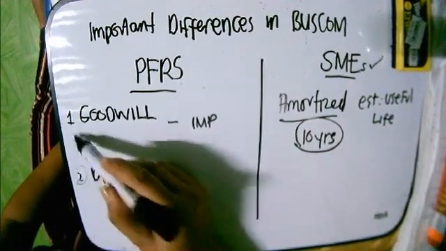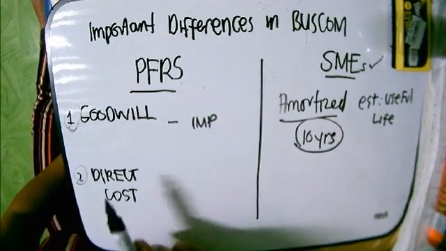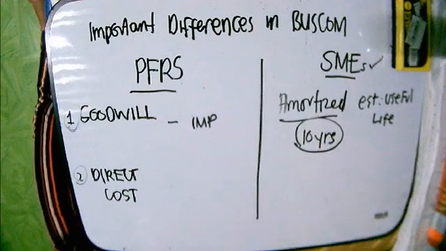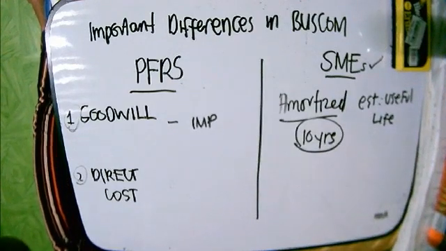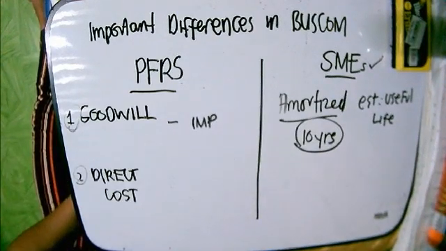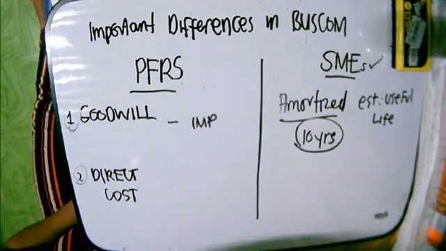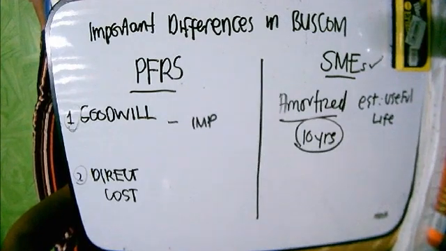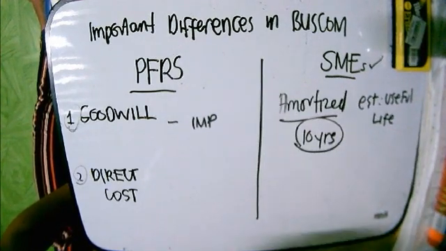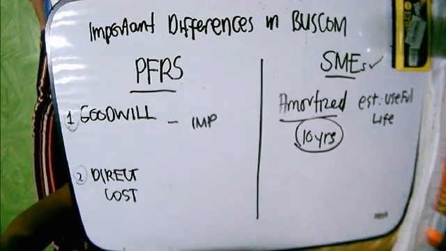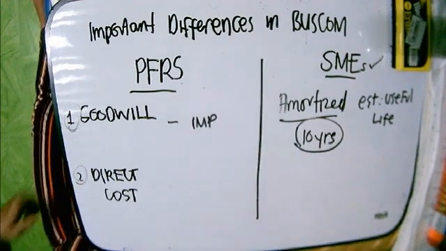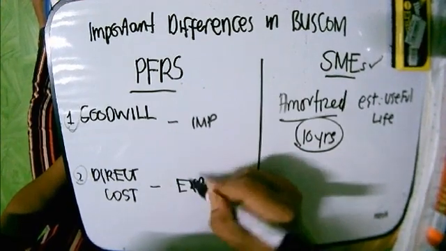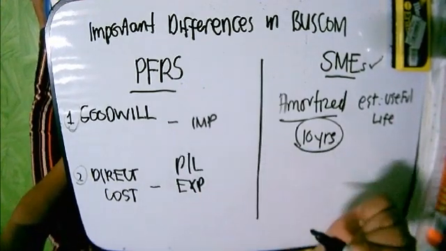Number 2 is we have the direct cost. Kapag sinabing direct cost, ito yung mga cost or expenses na ginastos ni acquirer para magkaroon ng business combination. So, kapag ganito, under sa full PFRS, direct cost is charged to expense or charged to profit or loss.